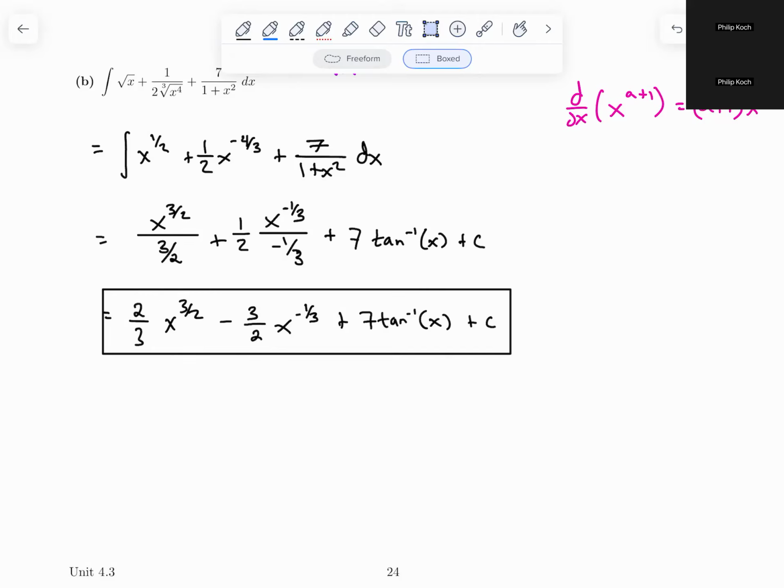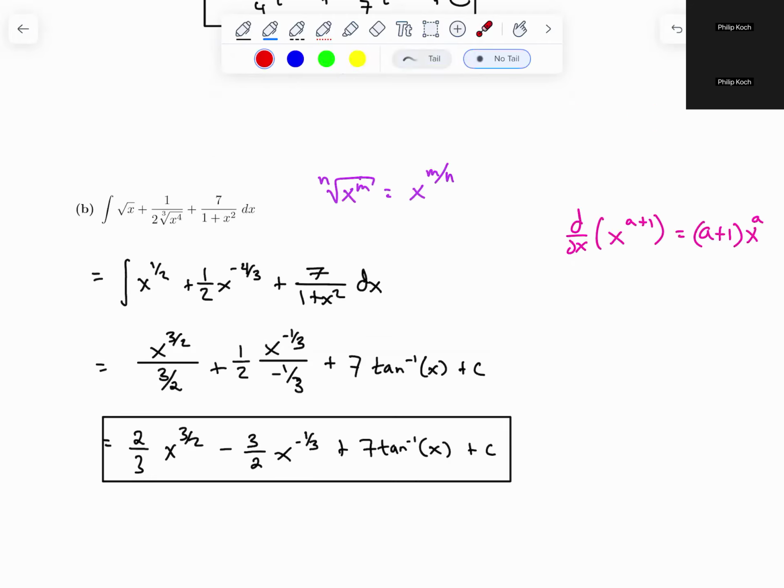We did see the theorem that was telling you that the power rule for differentiation is that the derivative of x to the a plus 1, I'm choosing a plus 1 for a good reason, is a plus 1 times x to the a.